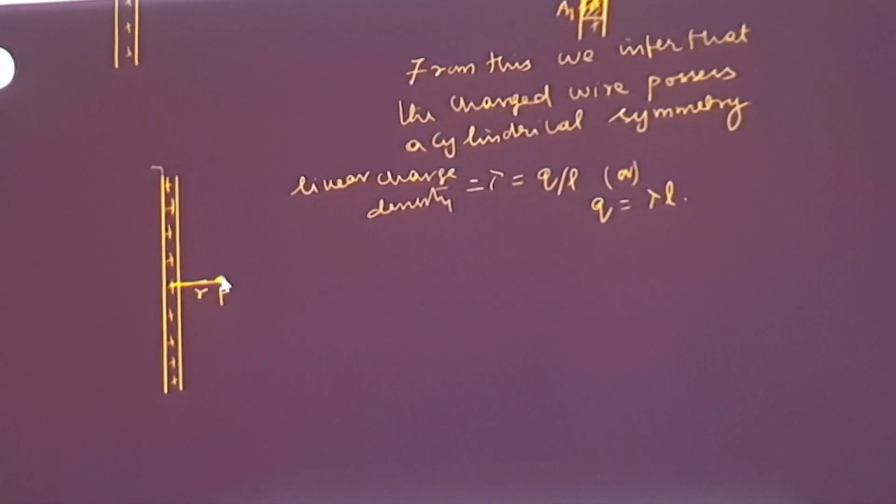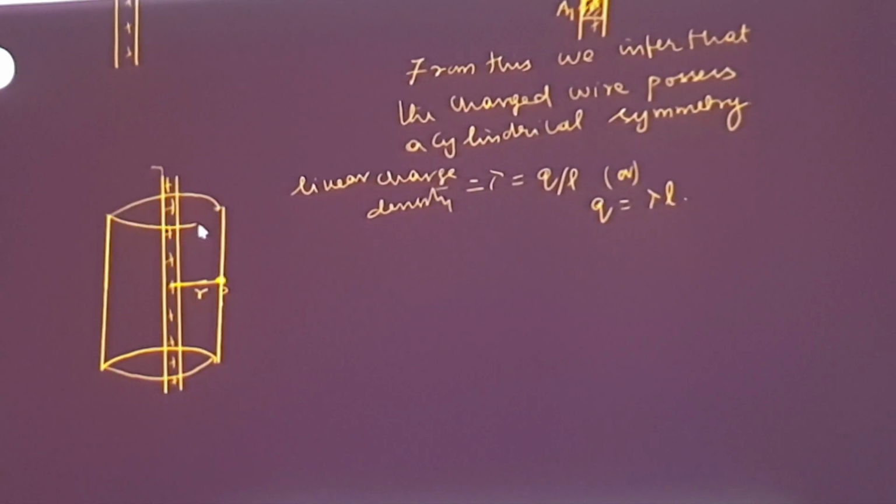So I am drawing a cylinder enclosing this point P. At the same distance on the other side, I consider another point, and around that I take a cylindrical surface. So I am considering a cylinder as a Gaussian surface around this charged wire, so that this Gauss law can be applied.